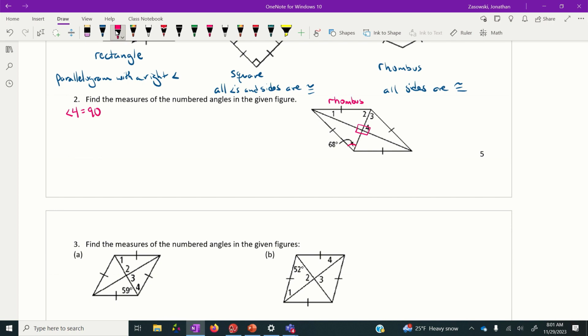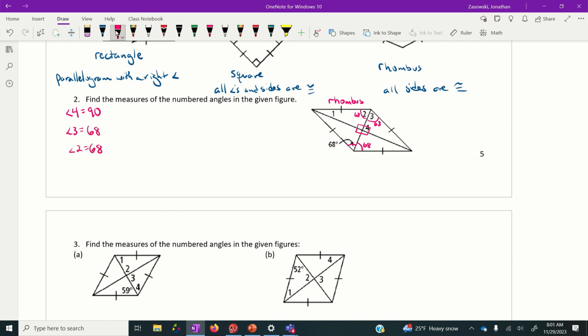So we'll know that both of the angles down here are 68. And since the angles across the way and the opposite angles are equal and also bisected, that means angles 2 and 3 are also going to be 68. So we know angle 3 is 68 now, and angle 2 is 68.